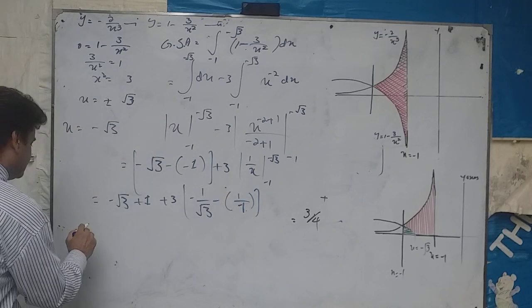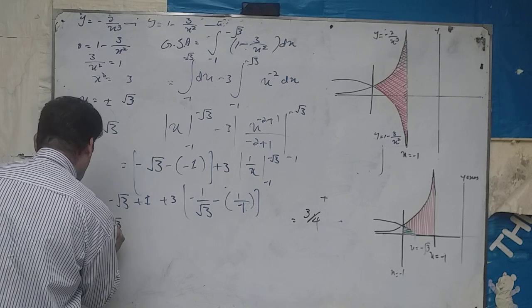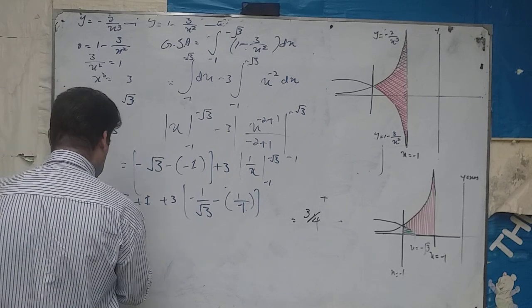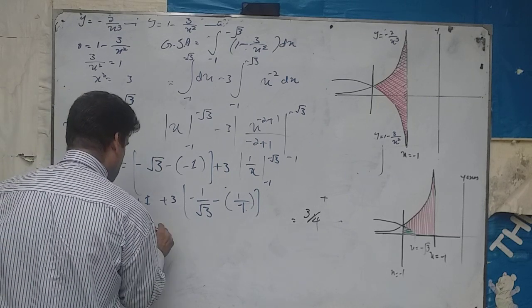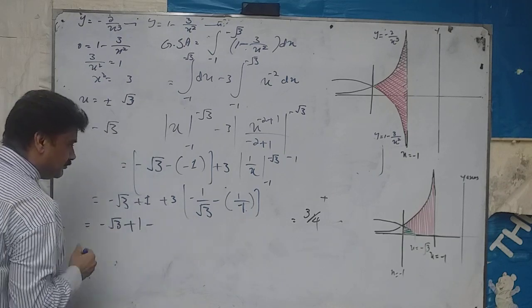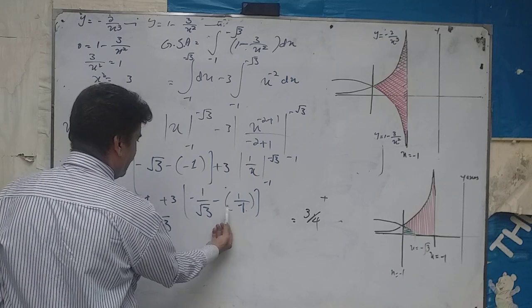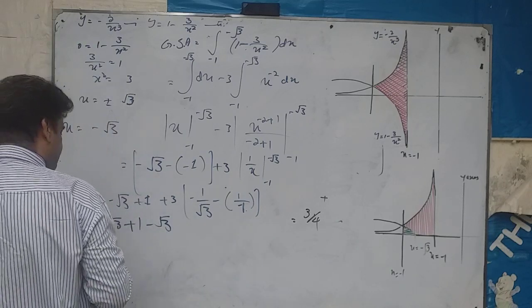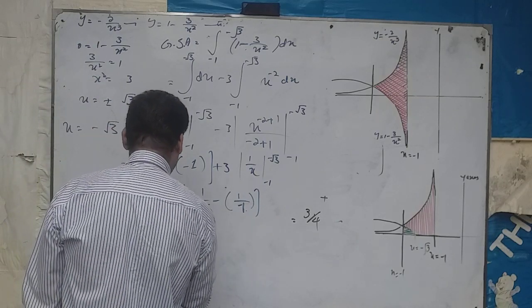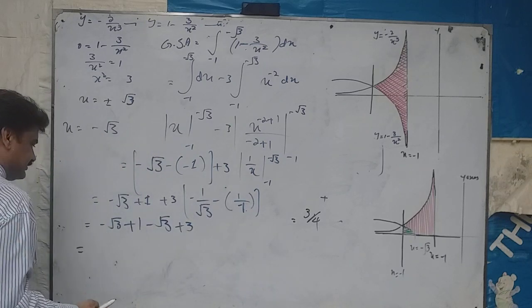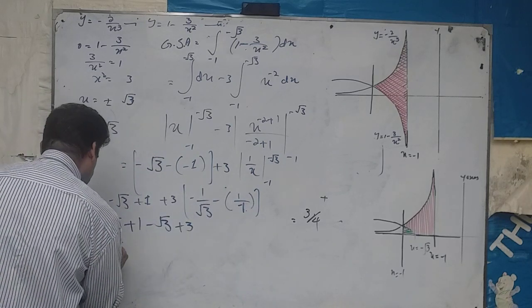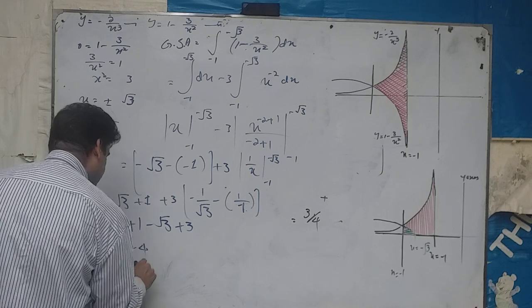After simplification, we get minus under root 3 plus 1, 3 by under root 3 means minus under root 3, then this minus makes a plus, we get 3. After simplification we get minus 2 under root 3 plus 4.